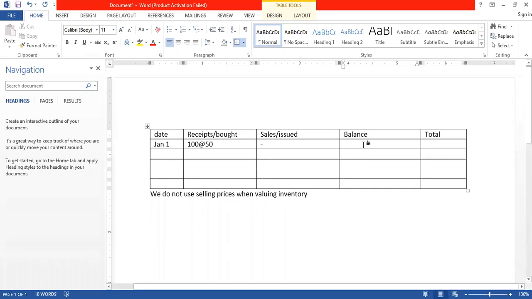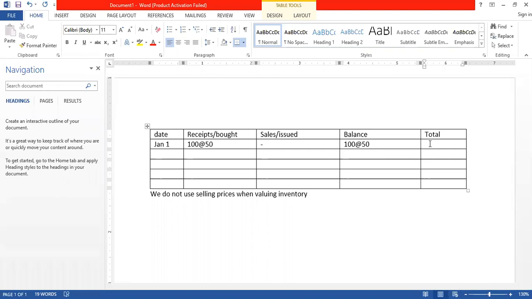Now, what is my balance? What do I currently have in stock? You only have 100 units at 50, so you record 100 units at $50 each. So what is my total? What is my total value? So you take your 100, meaning you have 100 units and each unit is $50.